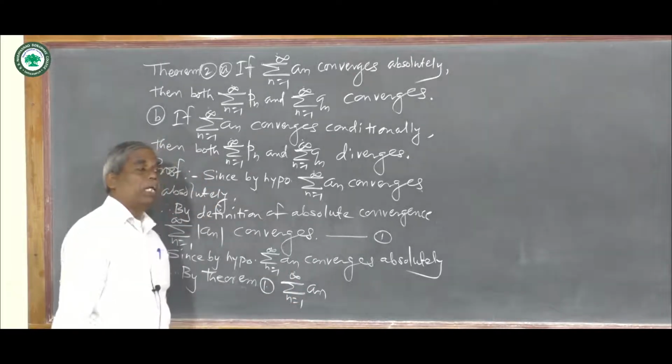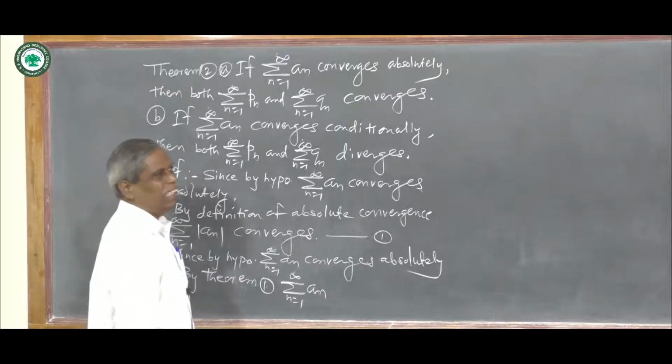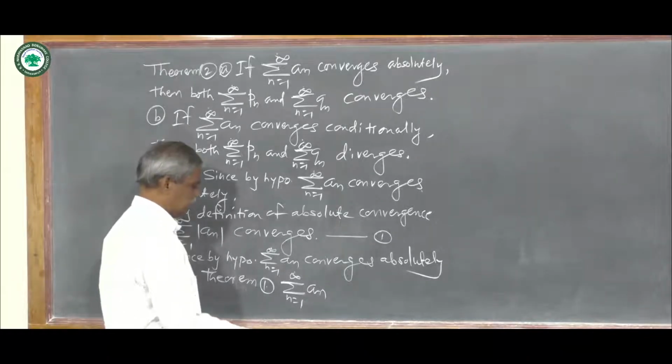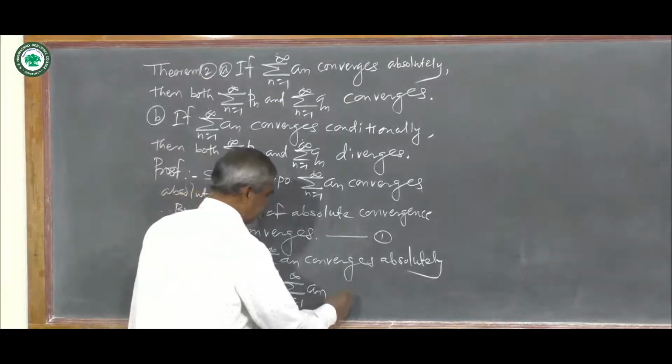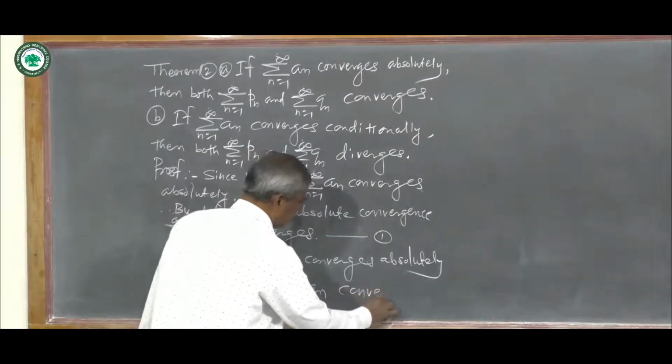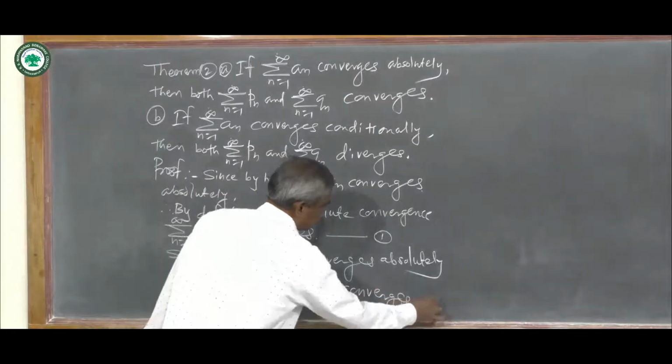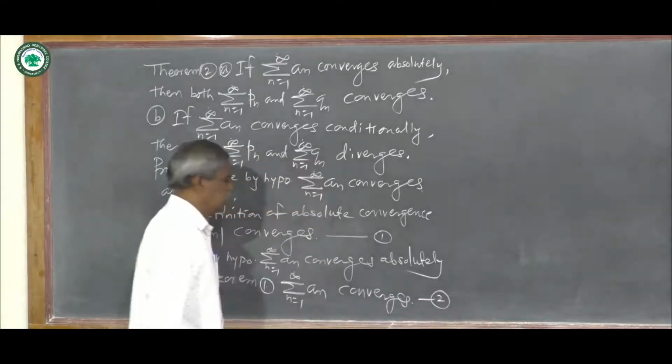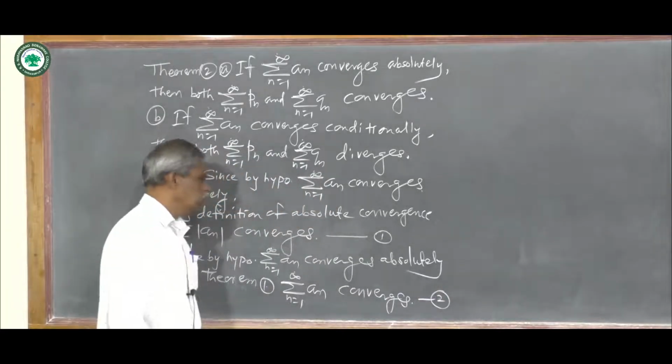That is, every absolutely convergent series implies convergence of the series. Sigma a_n converges. This is statement number 2.